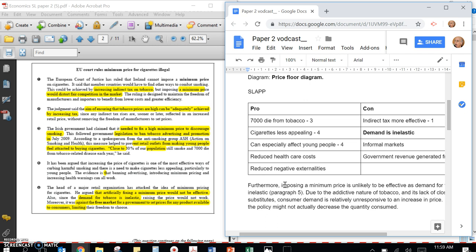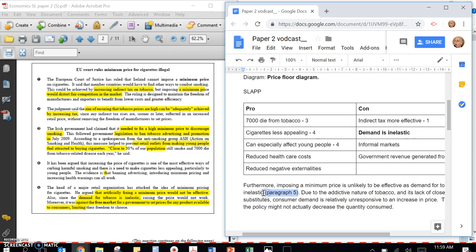So there we're showing that we understand the factors of elasticity of demand. And you can also relate this to the diagram and show even deeper understanding: decrease the quantity consumed. You could show the points on a diagram as well. So this addition shows understanding. This will be rewarded.